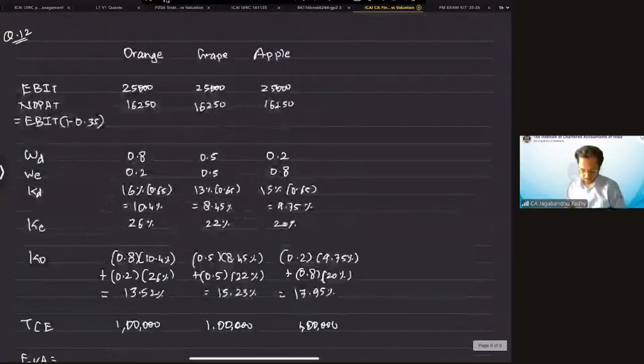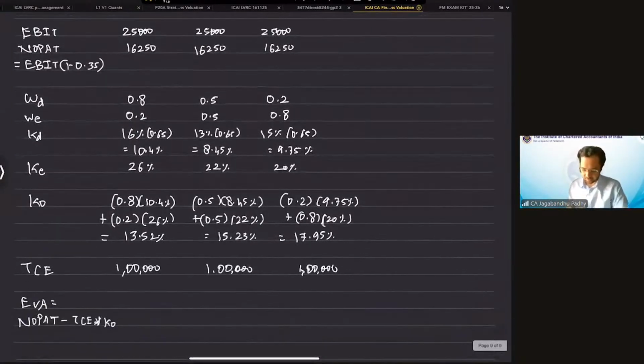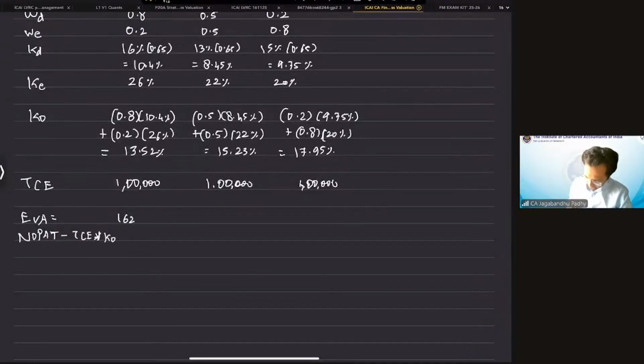We know NOPAT is 16,250 minus 1 lakh into 13.52%. So 16,250 minus 13,520 is 2,730.